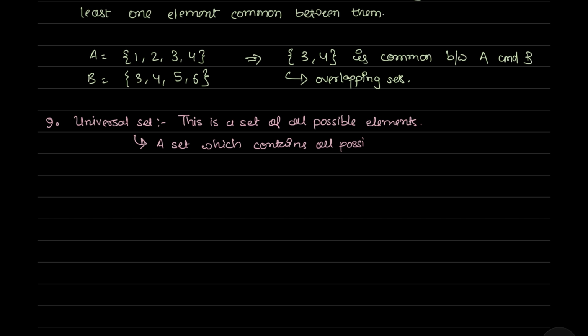So imagine you have a set of animals, lion, tiger, and everything, and a set of numbers 3, 4, 5, 6. Now, if I have a set which contains all such elements, it can belong either to a number or from the animal kingdom or from the plant kingdom, anywhere. Such a set is called our universal set. Notation is U.